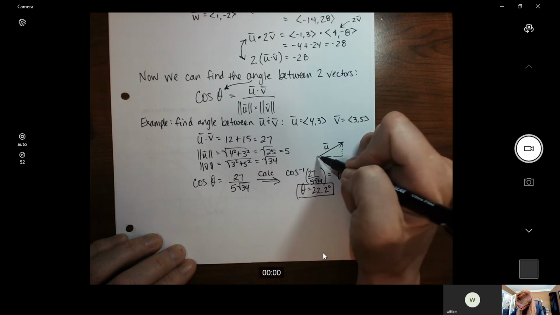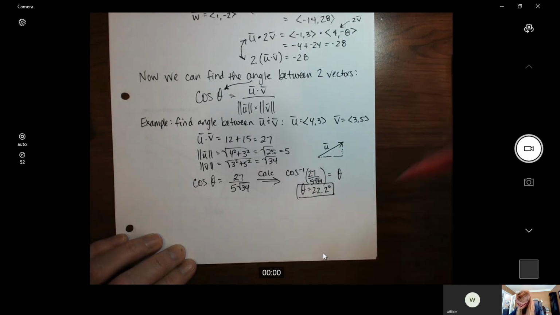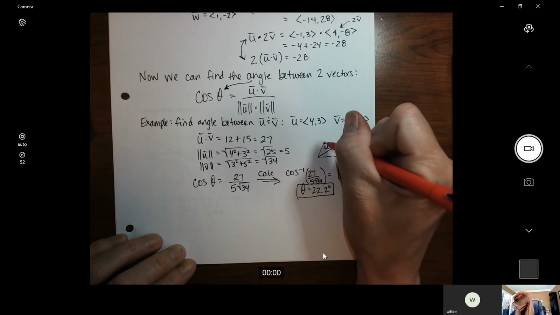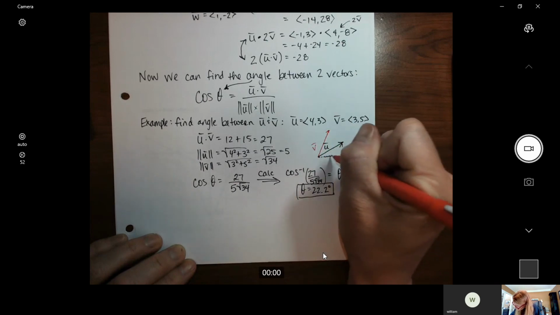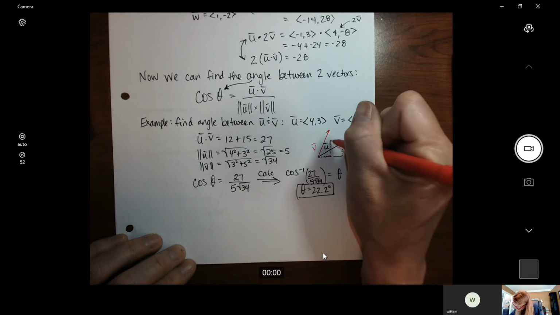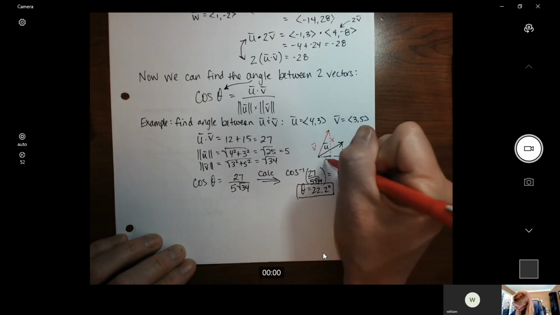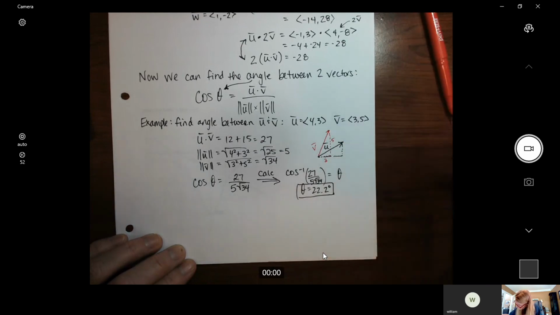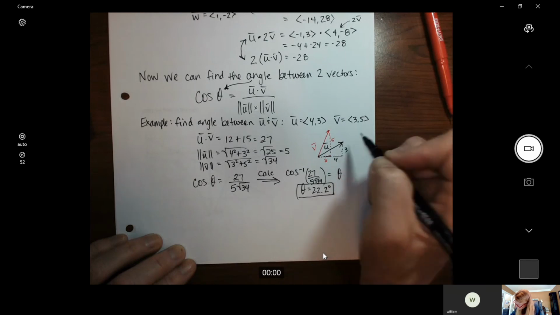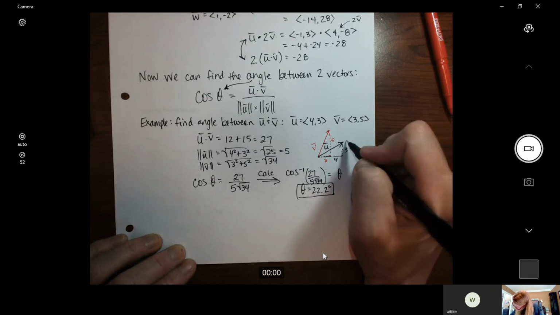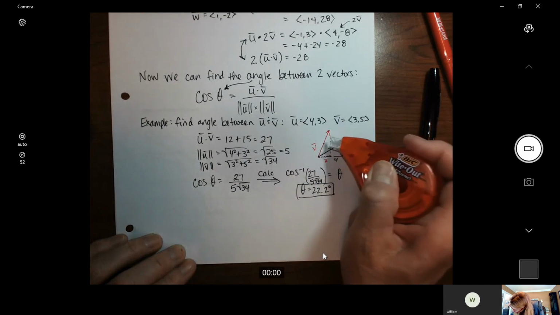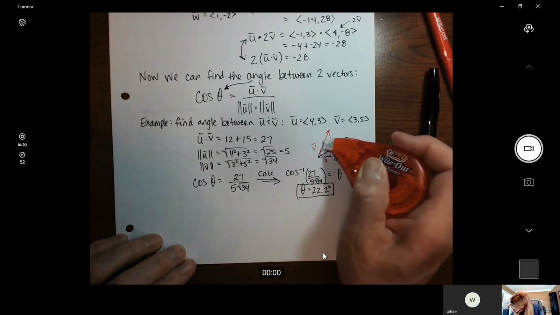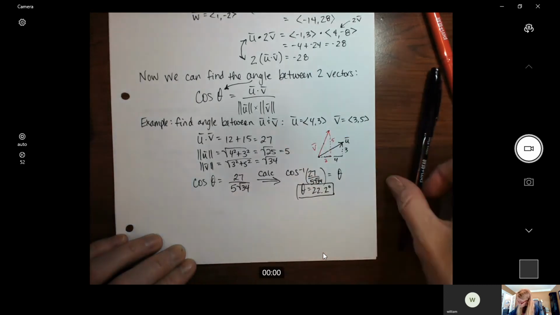So maybe, let me draw it in a different color, V looks like this. It goes over 3 and up 5. So here's 5, here's 3, here's 4, here's 3. Probably would have been better if I put U bar there, so it's not so messed up in here, right?